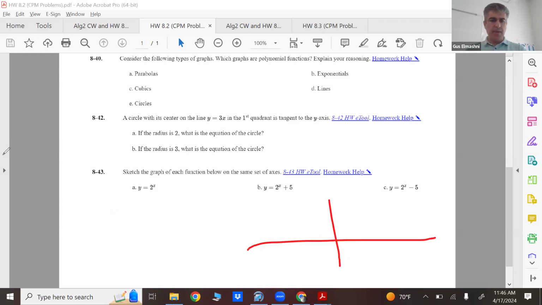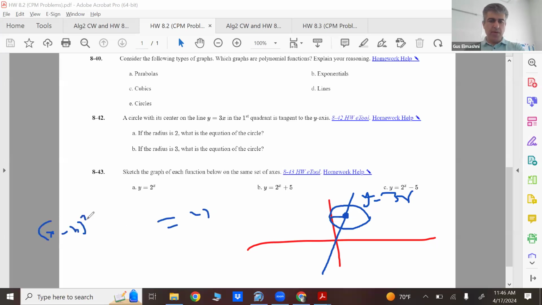What's happening here is that you have y equals 3x, which looks like this. And tangent to the y-axis, radius is 2. So you have 4 on this side.